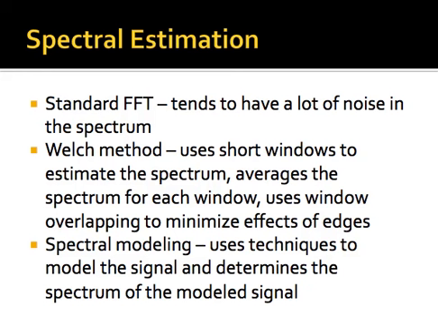So this does a couple of things. First of all, it averages the spectrum for each window, which gives you a smoothing effect. The other thing it does is it uses overlapping of the windows. That minimizes the effects of the edges.